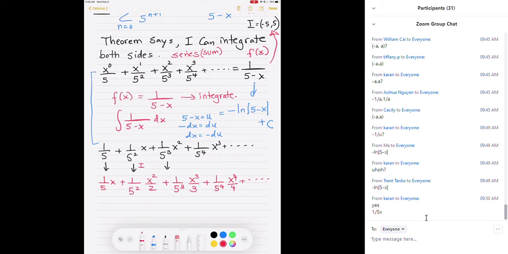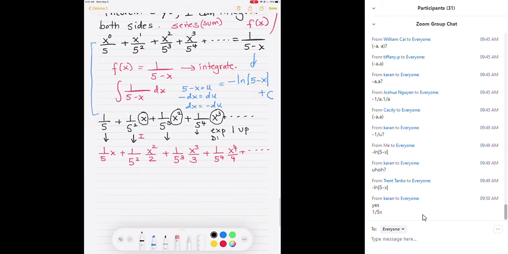I notice that the constant has nothing to do with the integral. We are integrating the terms. The exponent goes up by 1, and you divide by the new exponent. Now I'm going to do something else very interesting: write this in summation notation.